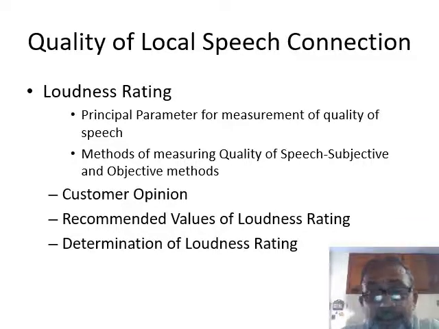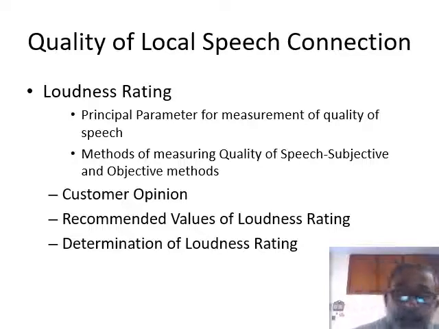Loudness rating is the main parameter for measurement of quality of speech. And there are basically two methods. We can have subjective or objective methods. We can have the customer's opinion also, and we can have recommended values of loudness rating, and then we can determine the loudness rating.